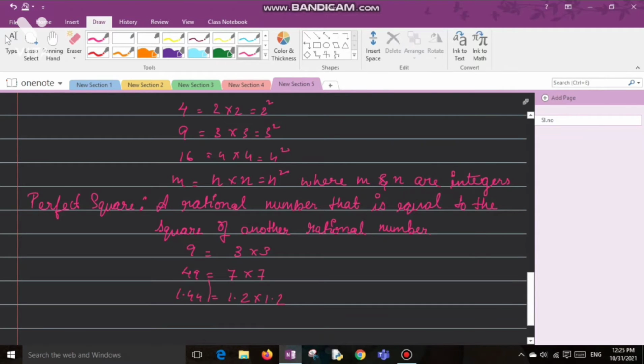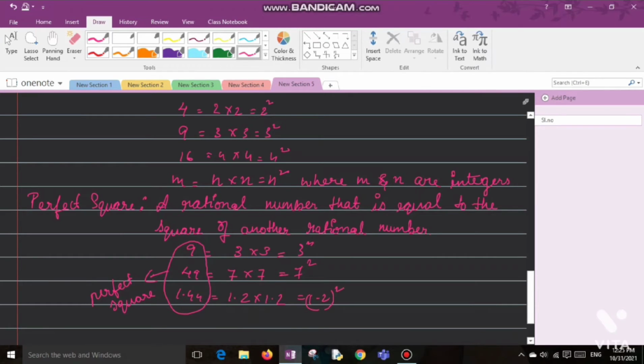Now all these are perfect squares, because these can be represented as 3 square, 7 square and 1.2 whole square.